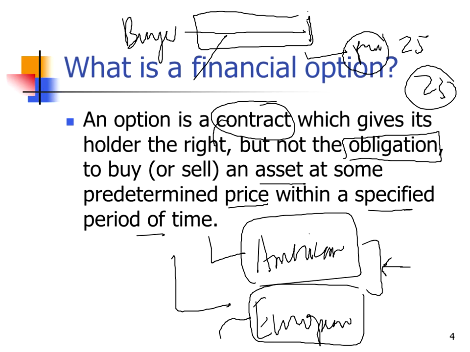So here you will forego your exercise, right? But let's say the share is selling at $27, then you will exercise because your right lets you buy the share at 25, whereas it's selling at 27, so you get that $2 advantage.